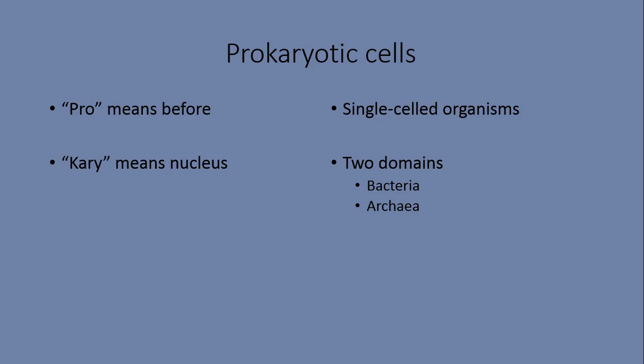Prokaryotic cells: pro means before, and kary means nucleus. So this means that prokaryotic cells are cells that do not have a nucleus. Prokaryotic means before nucleus, so no nucleus is found in prokaryotic cells. These are single-celled, simple organisms that lack a nucleus.